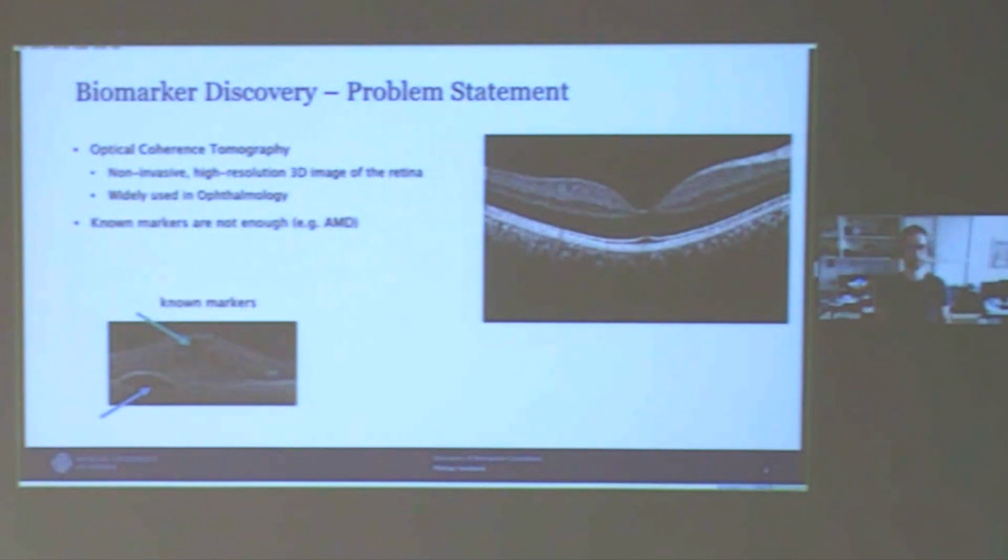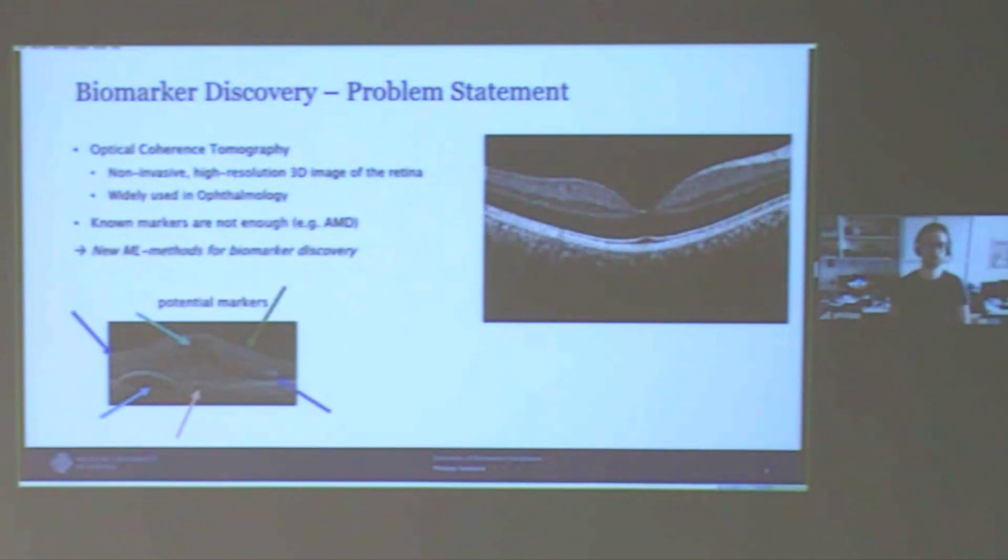But yeah, the concrete problem setting that we have here is that we know some markers, but these known markers are not enough for the diseases, which are quite common and affecting the vision of patients. So what we need are tools to explore the rest of the images, to explore the rest of the markers that we do not know about yet.